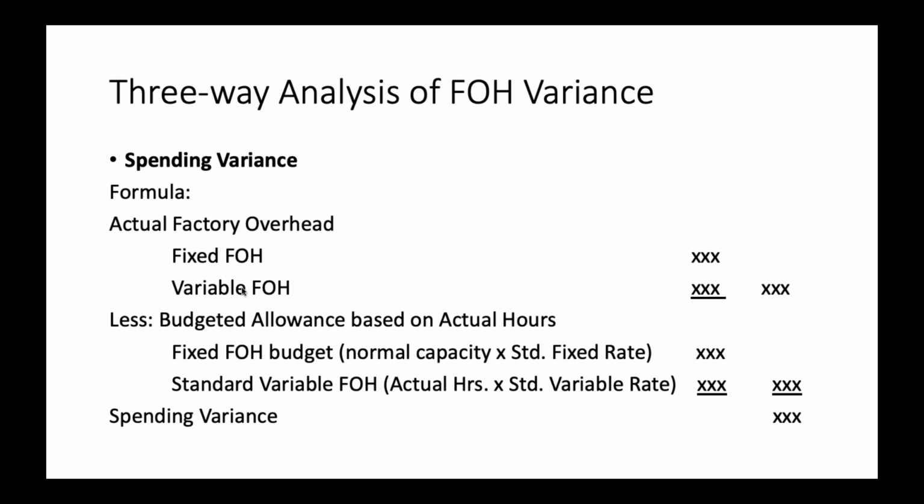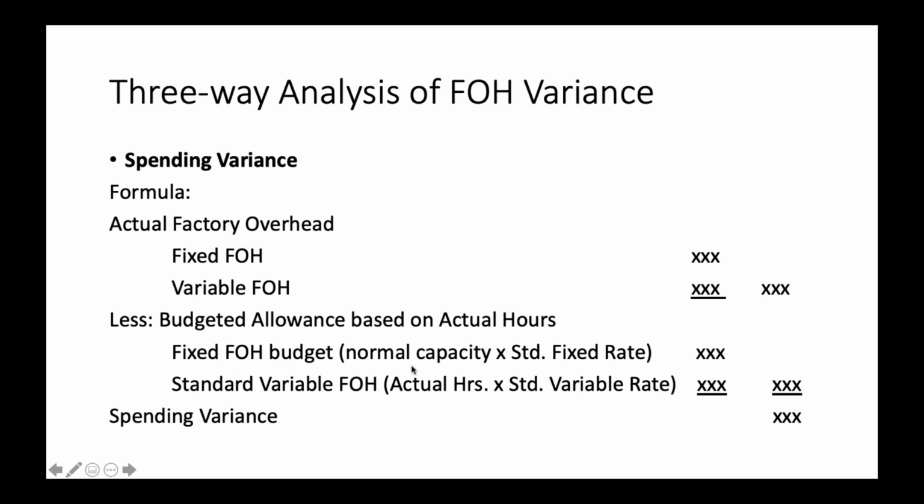Okay, let me show you the formula. Actual factory overhead, AFO, less BAA, budgeted allowance on actual hours: normal capacity at fixed rate, plus standard variable factory overhead, that's actual hours multiplied by standard variable rate. This one is the same as in the two-way analysis.